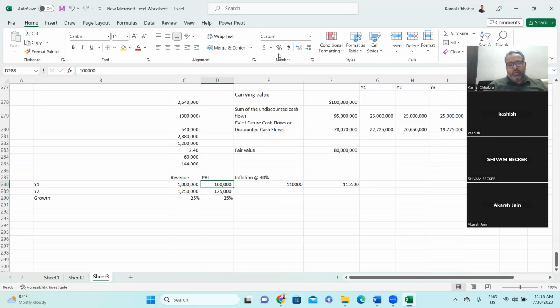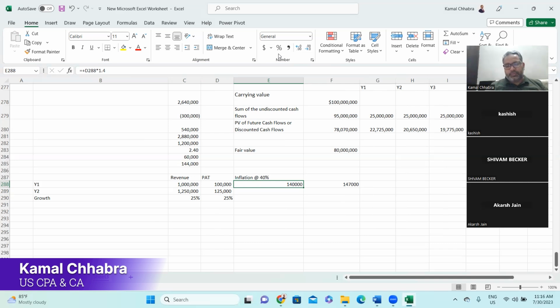So even though you are growing at 25%, you are not meeting the requirement. In that scenario you are actually not growing, even though your numbers look big, because the actual purchasing power of your company or your employees is going down. So this standard says how we should take the impact of the same in the financial statements.